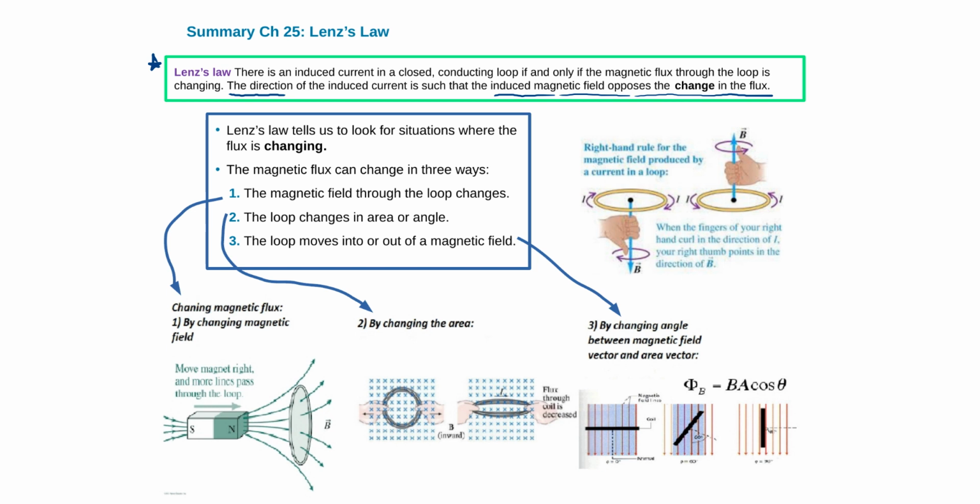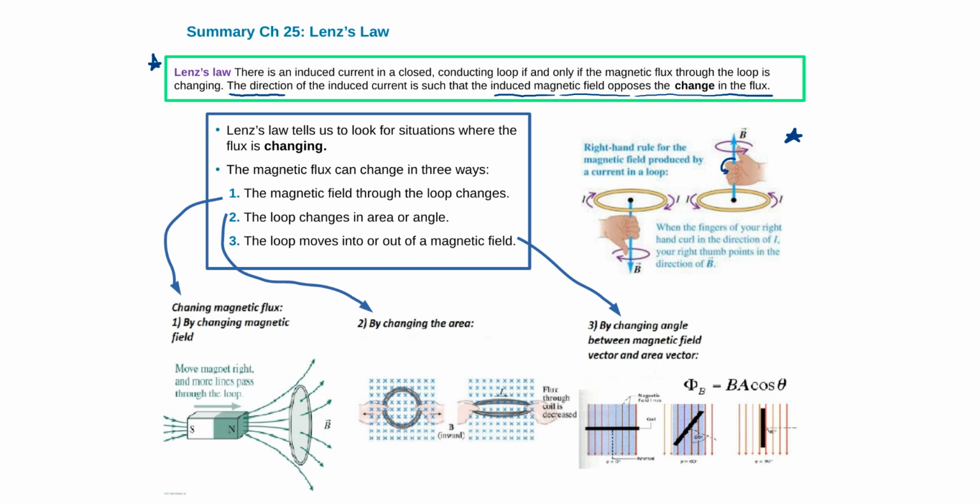We will first find the direction of the induced magnetic field, and then we'll use right-hand rule 2, this little picture you see here, to find the direction of current induced in the loop using the direction of the induced magnetic field. Right-hand rule 2, again, we roll our fingers along the current and open our thumb.